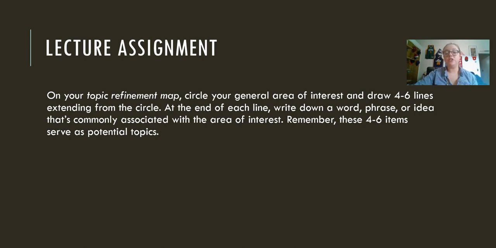And then at the end of each line, write down a word, phrase, or idea that, at least for you and your exposure to the topic, feel are commonly associated with that area of interest. Now, also remember that these 4 to 6 items don't have to, but they often do serve as potential topics because they're a bit more specific, but they're still broad enough that you can explore them and really flesh out an argument or an analysis about them.